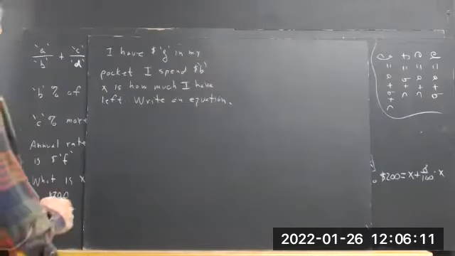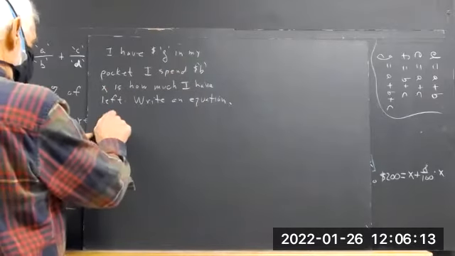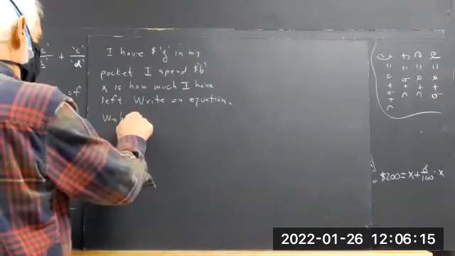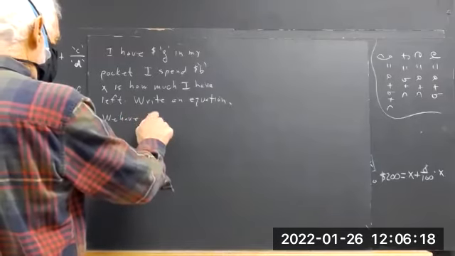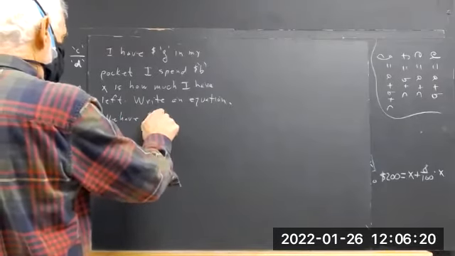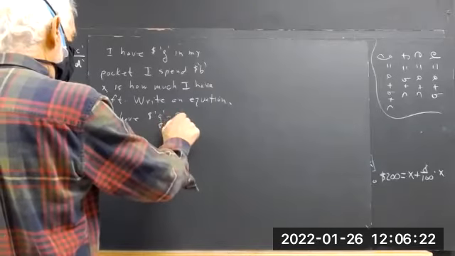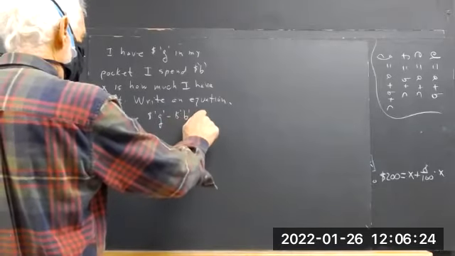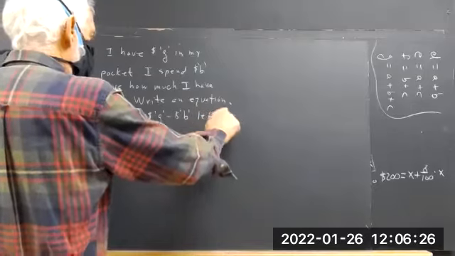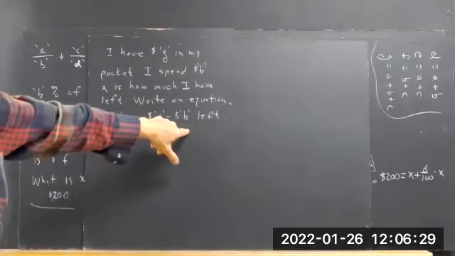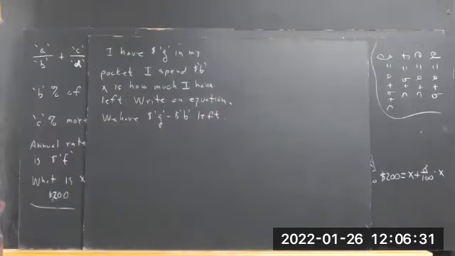So this is what we got left, right? $G minus B dollars.